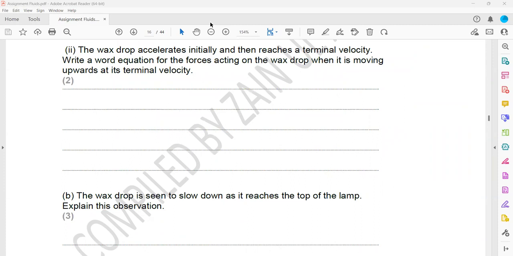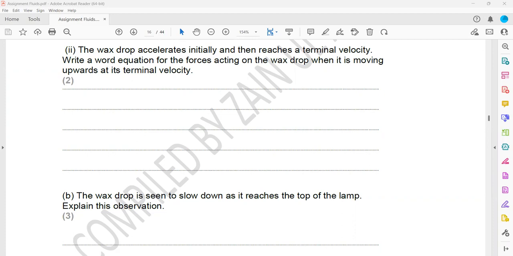Then the wax drop accelerates initially. The lamp is affecting the density, but compared to the wax, it's not too much. There is not too much change in the density of the fluid.